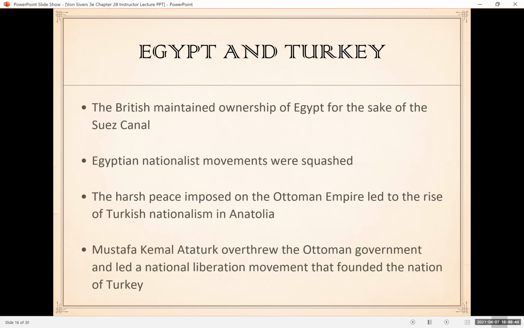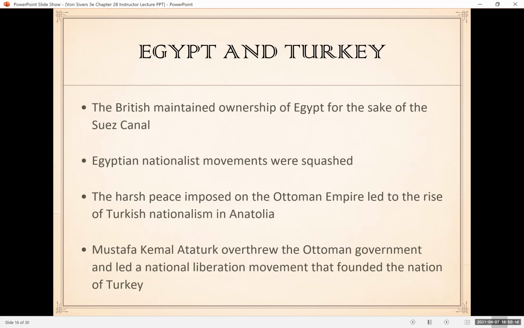So the elites who had lots of money and land wanted to grow cotton that they could immediately sell. Meanwhile, the people of Egypt were trying to industrialize so that more people could have work. So that was one of the things that led to the violence of the Egyptian nationalist movement.